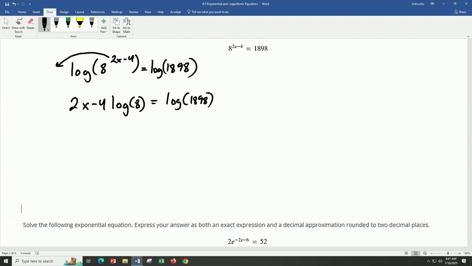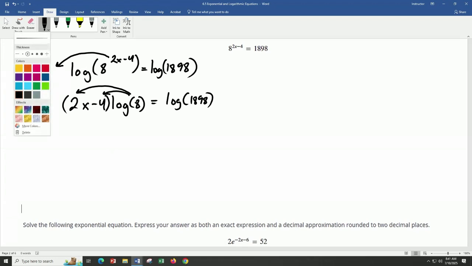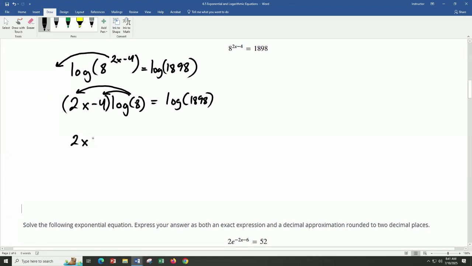Watch what I'm going to do. Now, I'm going to pop this into parentheses and distribute this. That's okay to do algebraically, right? I can say this log times something, this log times something. That's nothing weird algebraically. We've done that a lot of times. It's just the distribution. I'm going to rewrite this now as 2x log 8 minus 4 log 8.